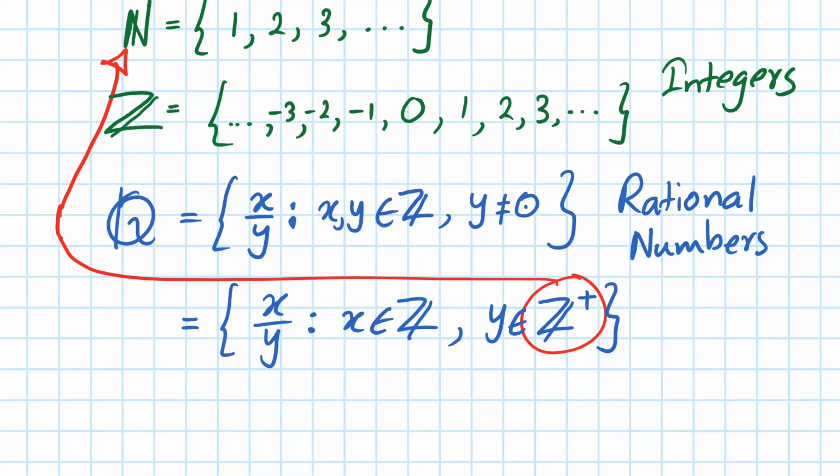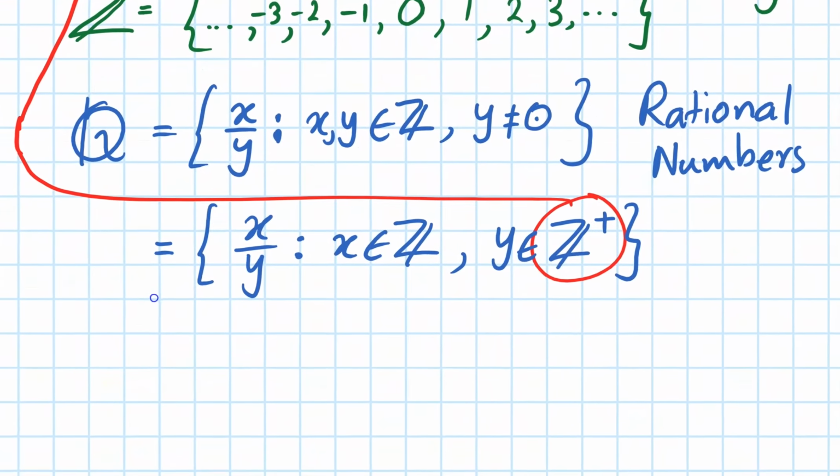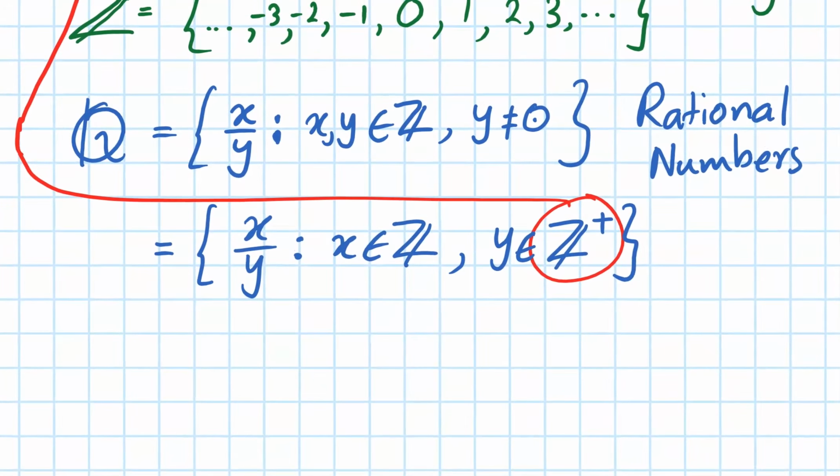Is that all we have? Let's think. If you can find a number that we can't write in the given form, then if these are called rational, the ones that we are going to consider are called irrational.